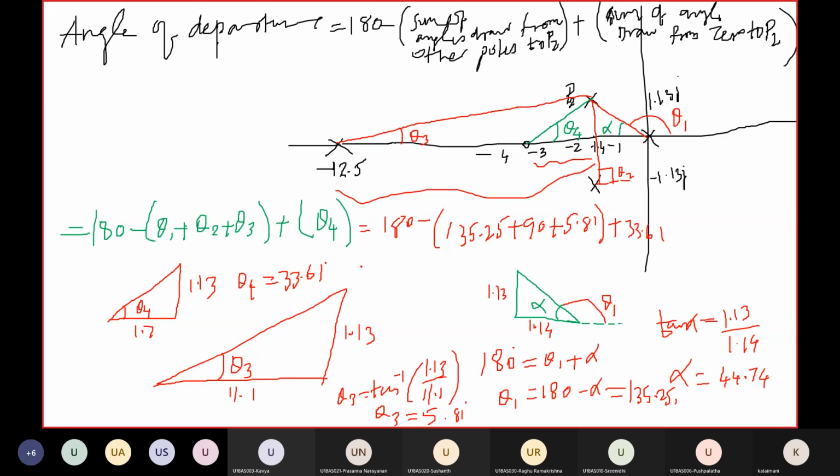Therefore, your angle of departure is 180 minus of 135.25 plus 90 plus 5.81, then plus 33.61, and I get minus 17.44. Therefore, this angle of departure is minus 17.44.